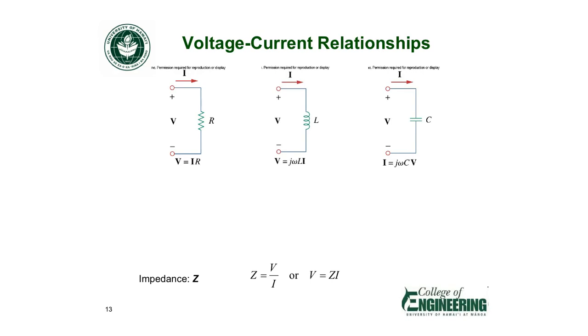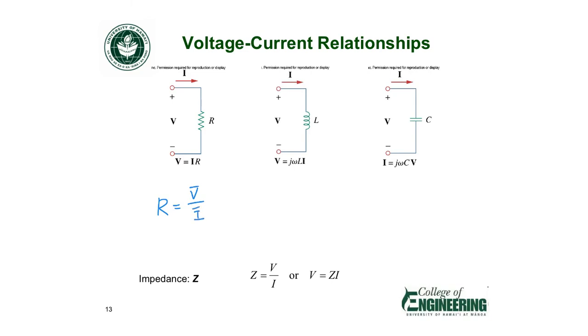For the inductor, V is j omega L times I. And for the capacitor, V equals I over j omega C. So we can rearrange these terms to get the value of the element on one side.